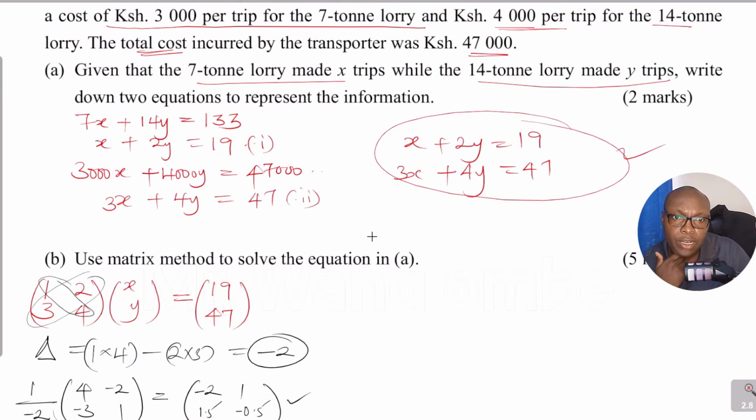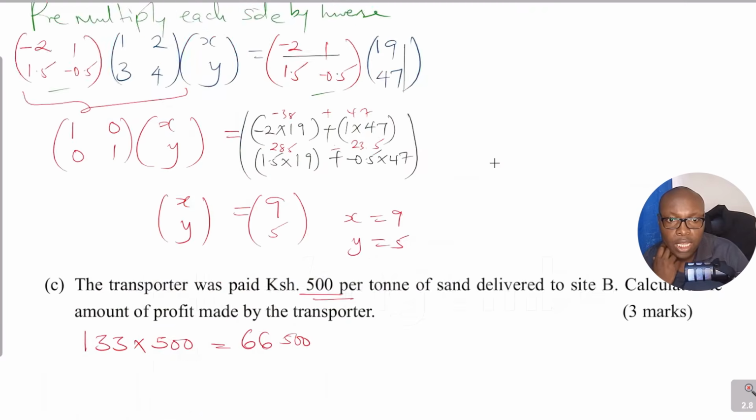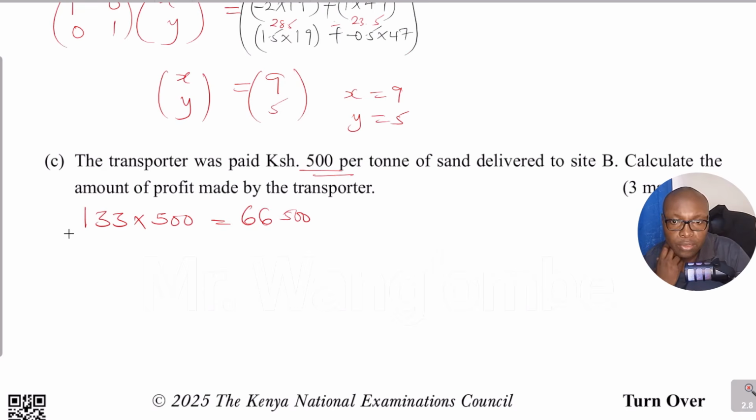We simply check the cost. The transporter incurred the total cost of 3,000 per trip. So the total cost incurred was 47,000. We have it here. The total cost incurred by the transporter was 47,000. So the cost incurred was 47,000. And this is what the transporter was paid. So you can now calculate the amount of profit.